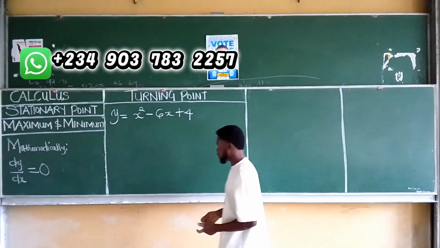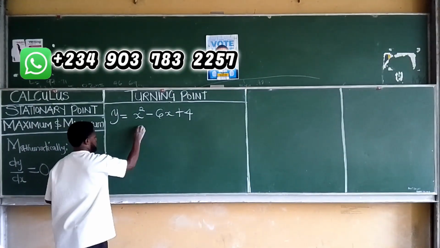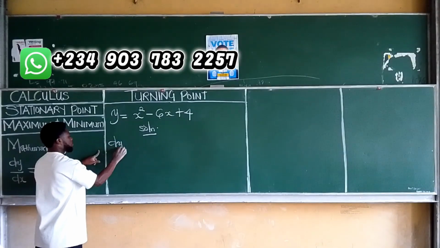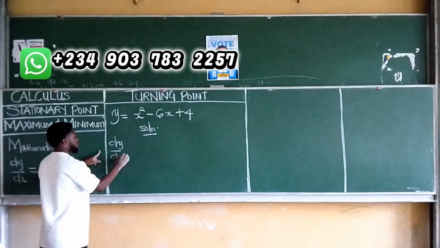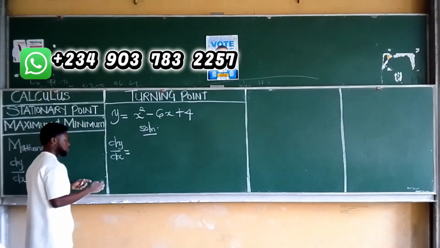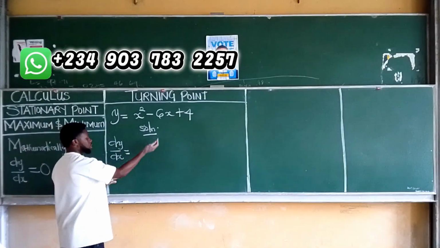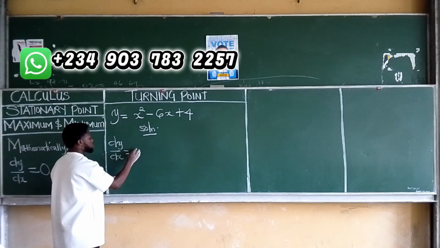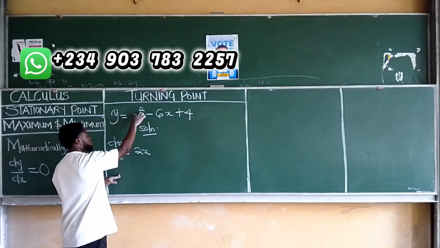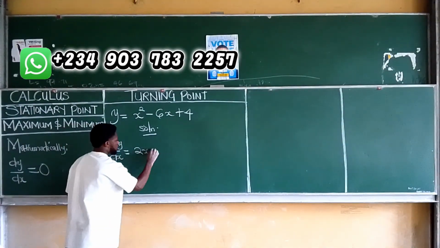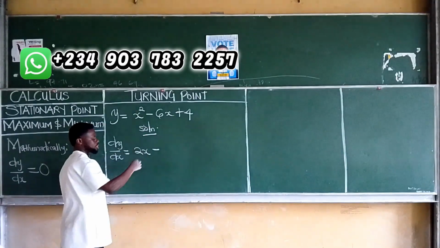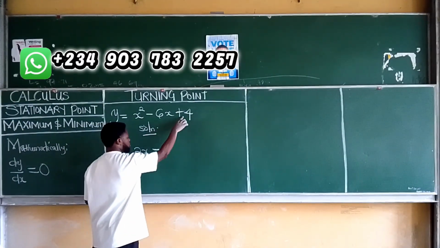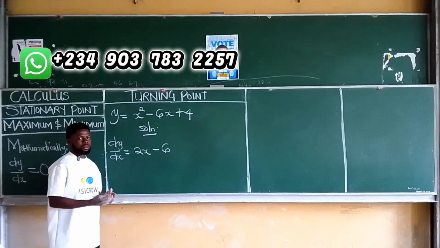So at stationary point, solution: dy over dx of this function is equal to, differentiate this function, use this power to multiply by this term, that is 2x, then subtract 1 from it, which is 1, minus, to differentiate 6x, we are going to have 6, then to differentiate the constant term, we obtain 0.